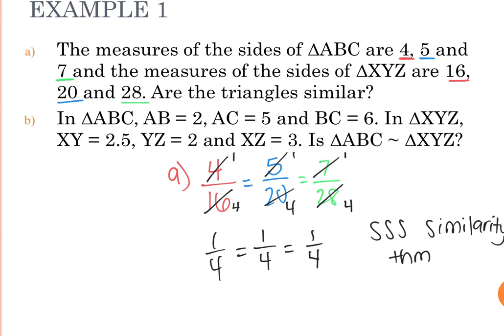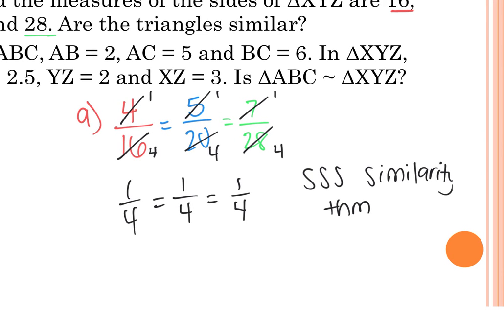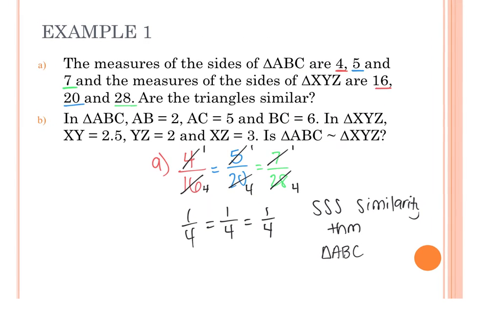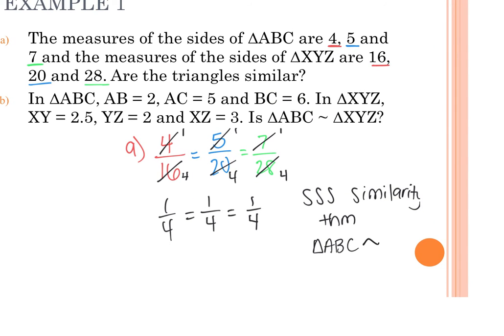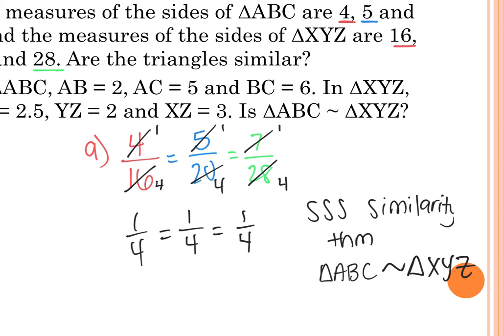Okay, so side, side, side similarity theorem shows that triangle ABC is similar to triangle XYZ. Do you guys see how I'm very specific with my notation? I'm putting a similar symbol, not a congruent symbol. Okay. Squiggly means similar.